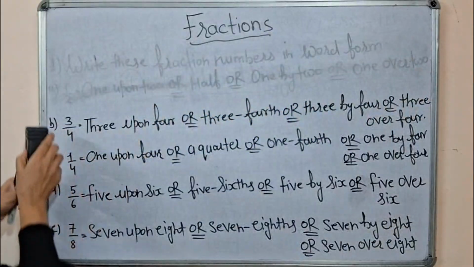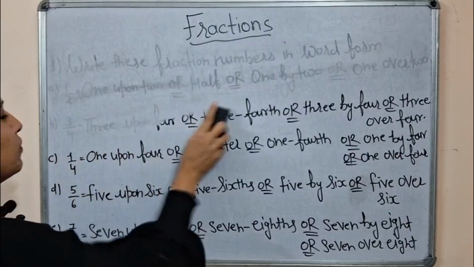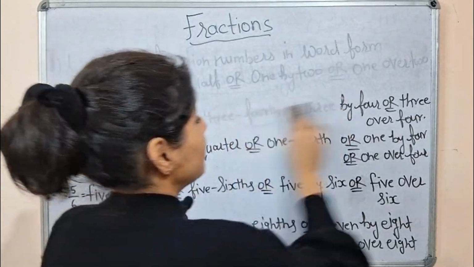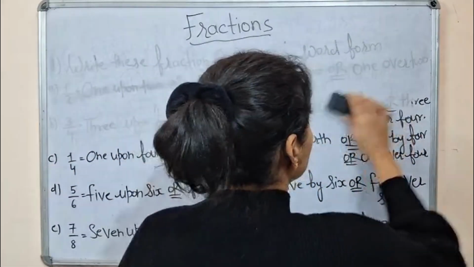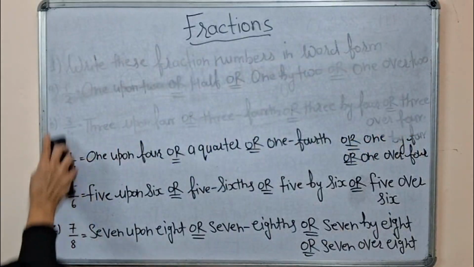So we will begin with the comparison of fraction numbers. Very, very easy. You only need to remember 2 to 3 points. And once you are in routine, in practice, you will never forget that.